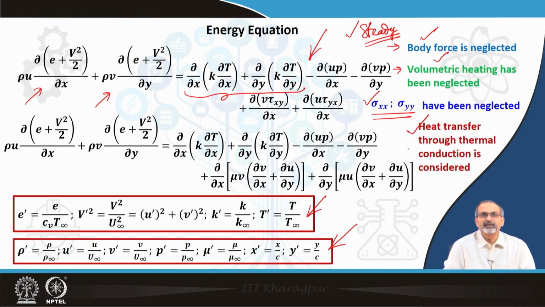and based on that, once you write down this equation, you then introduce some additional non-dimensional terms over here involving the specific internal energy, the square of the velocity, the thermal conductivity and temperature, in addition to the ones which were already introduced when we non-dimensionalized the x momentum equation.